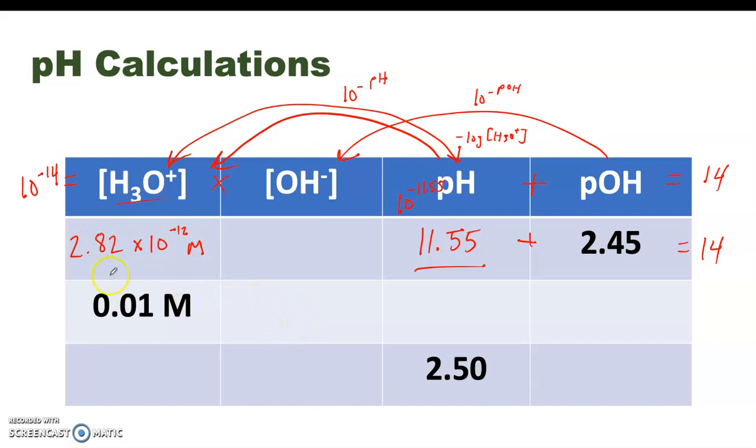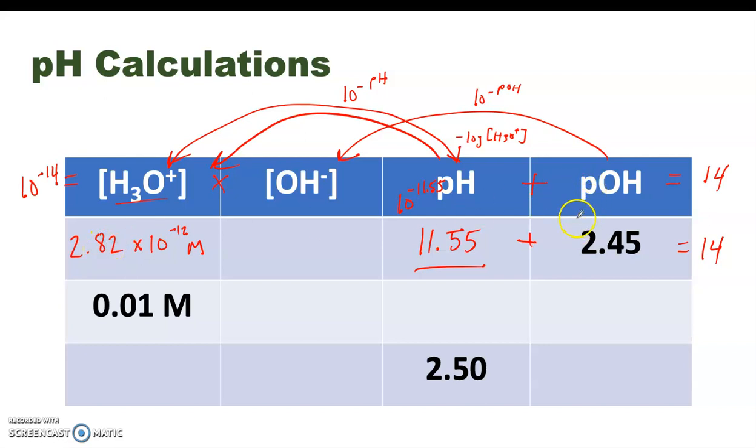And you'll have to get used to using numbers in scientific notation because your numbers are going to be either really big or really small. Actually, they're almost all really small. Now I could do 10 to the minus 14 divided by this, but that seems like a lot of typing in my calculator.